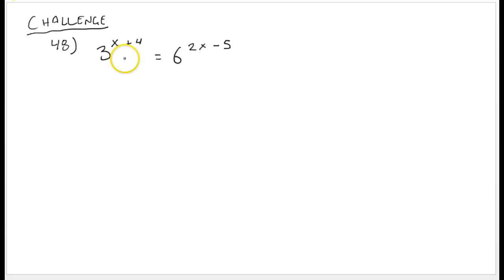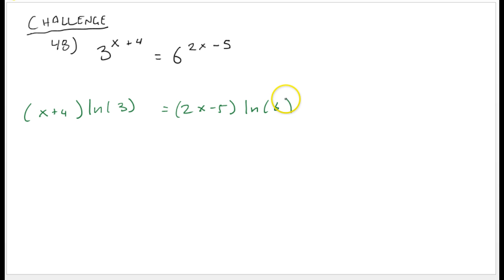If I use my power property, I can go ahead and rewrite this side of it as the natural log of 3, and my quantity of x plus 4 gets brought down. Same thing happens to this side. The quantity of 2x minus 5 gets brought down. Natural log of 6. So now you can go about this different ways.